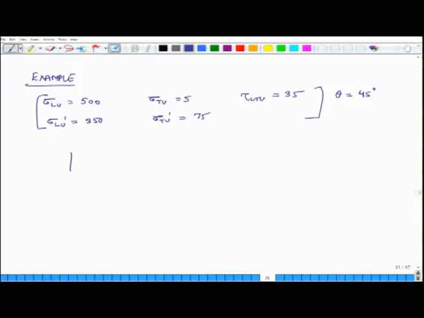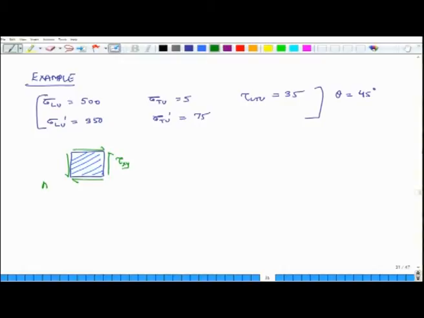So, we have a composite specimen like this. The fibers are oriented at 45 degrees to the x axis, and the only load on the material is tau xy. So, tau xy is the only load.